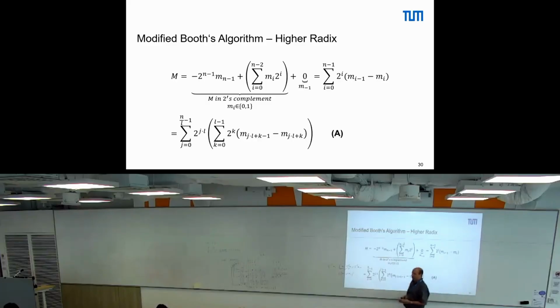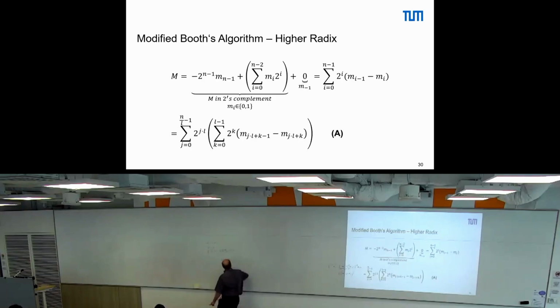So, what you effectively have now is you come to this formula, and as we did before when coming from the ripple carry adder to the serial adder, you can split this formula. Yeah?